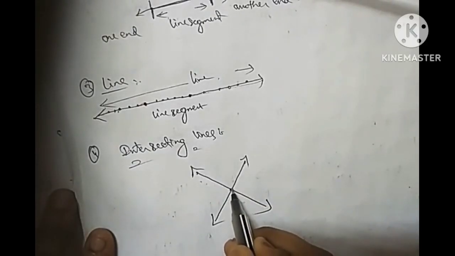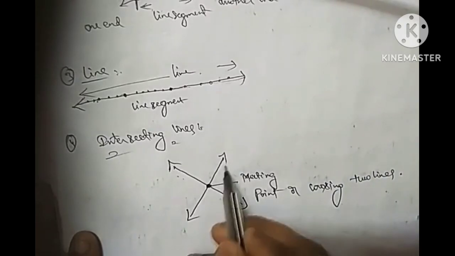Where are these two lines meeting, intersecting, crossing? At this point. Here is the meeting or crossing point of the two lines. So at this point they are meeting, so these two lines can be called intersecting lines.